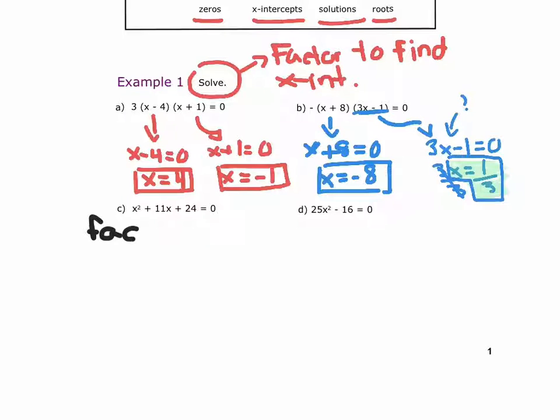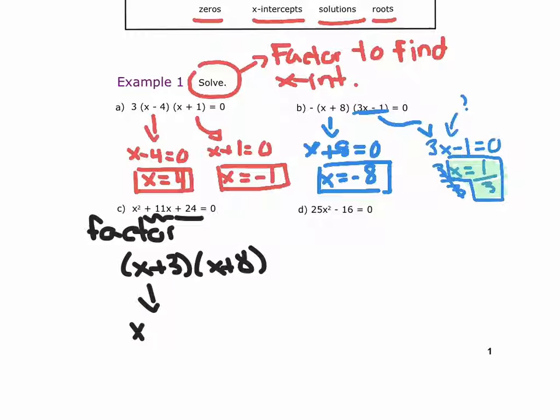If we were to factor the following equation, we're looking for two numbers that multiply to 24 and add to 11, so we would get (x plus 3)(x plus 8). Then we would know that x would equal negative 3 and x would equal negative 8 as your x-intercepts.